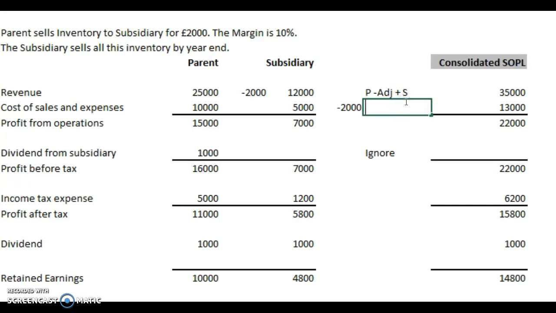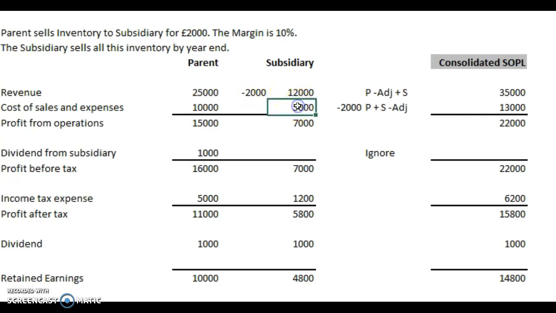And here, the P plus the S minus the adjusted cost of sales. So the sale went from the parent, so we have to reduce the revenue of the parent, and it went to the subsidiary.